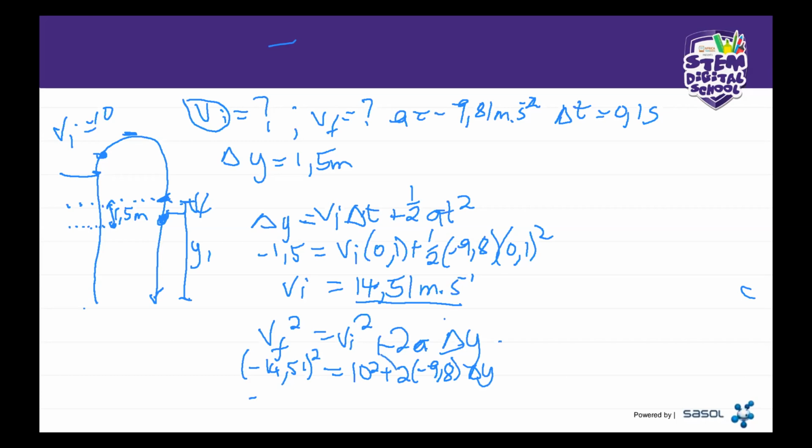It's going to be minus 14.51 squared minus 10 squared is equal to 19.6 minus 19.6 triangle y. So you can do a quick calculation there, and let's see if you get the correct answer.